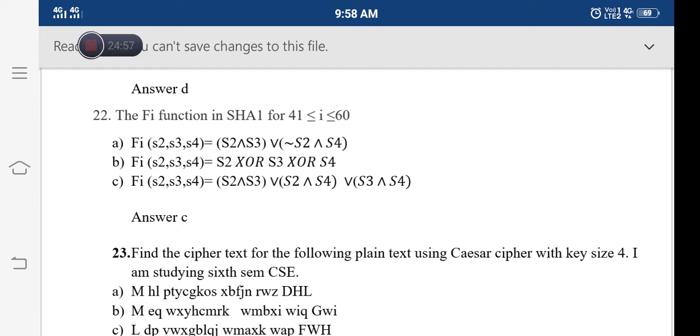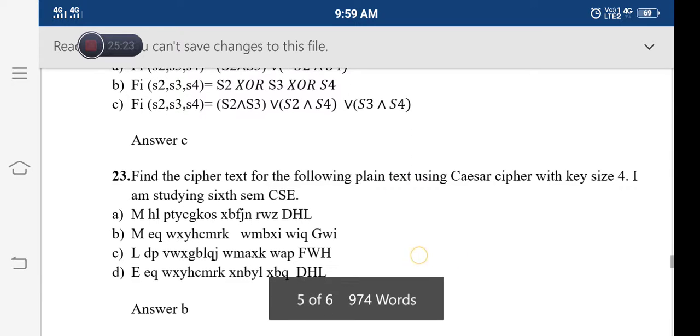SHA1 is a cryptographic hash function. The answer for this is C: S2 and S3 versus S2 and S4 or S3 and S4.